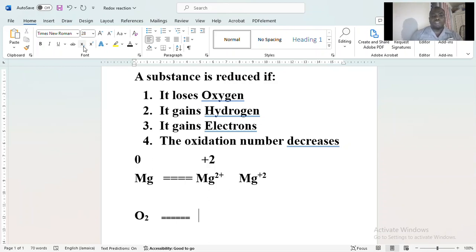Which group is oxygen in? Group 6. And so we know that hence it has 6 electrons on its outer shell.